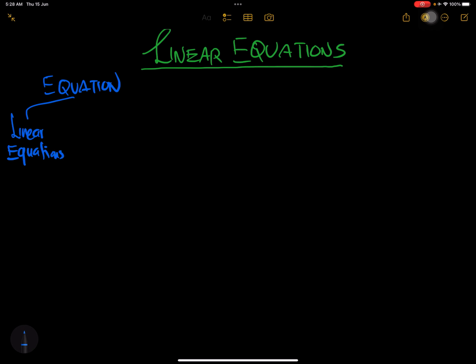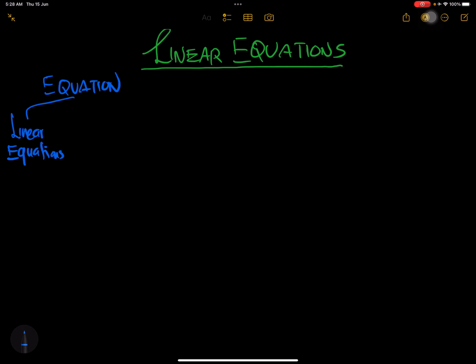A polynomial can be broken down into a quadratic equation, a cubic equation, and many more. So that's where we are coming from with linear equations.